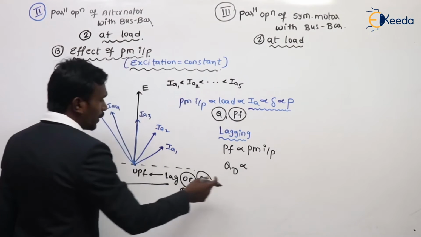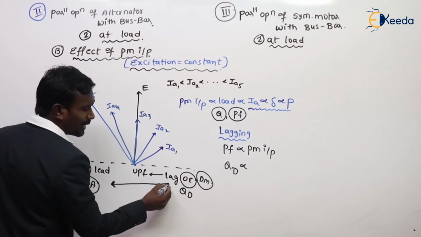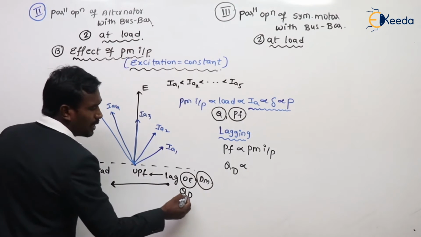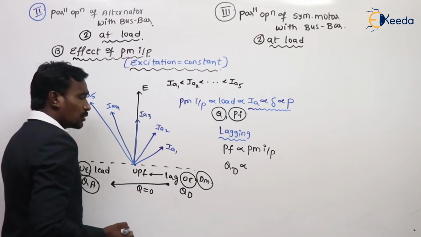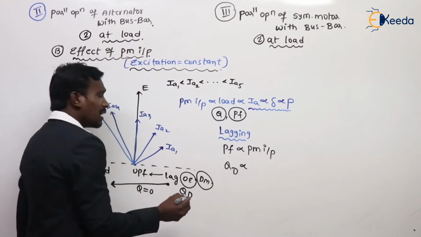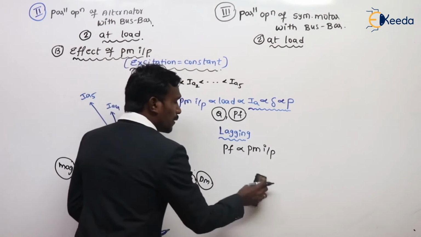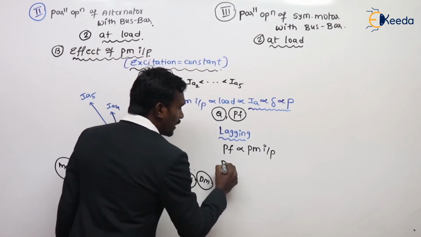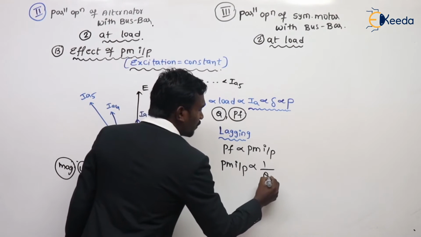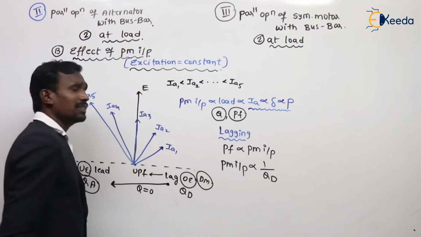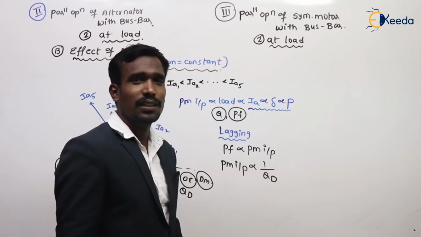When the prime mover input changes from lagging to unity power factor, it is Q delivered, but here there is no delivery. So the delivering of reactive power decreases when the prime mover input increases, so they are inversely proportional to each other.